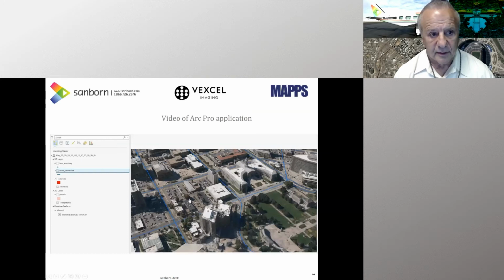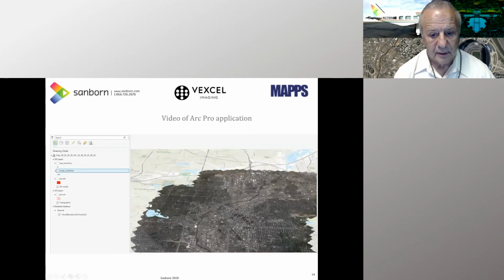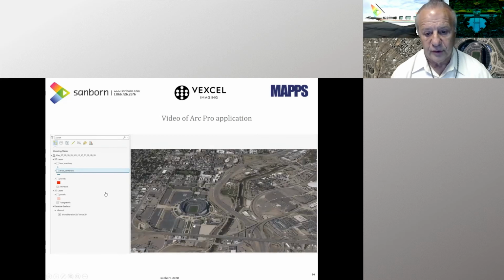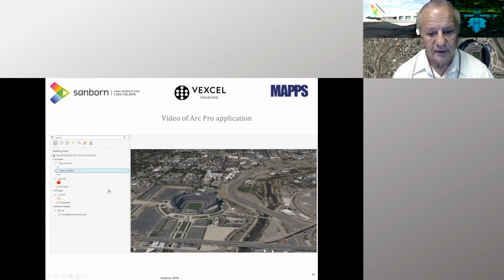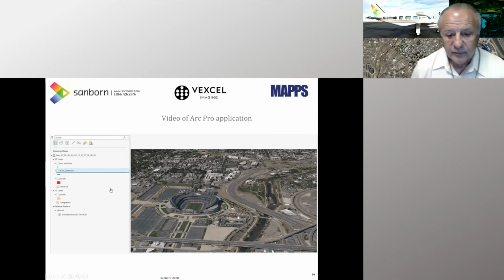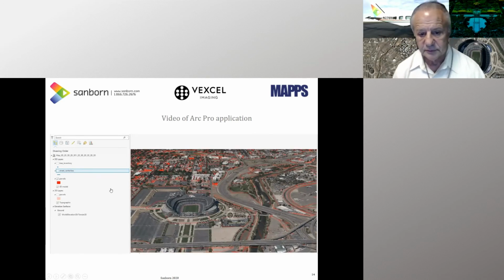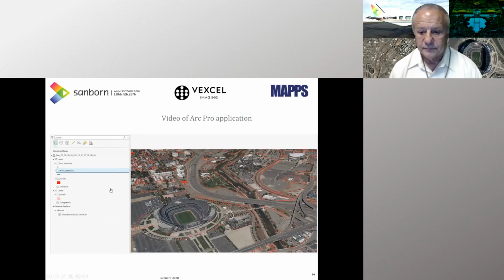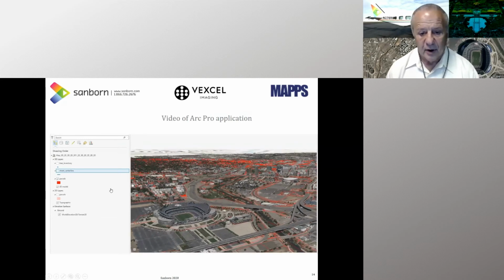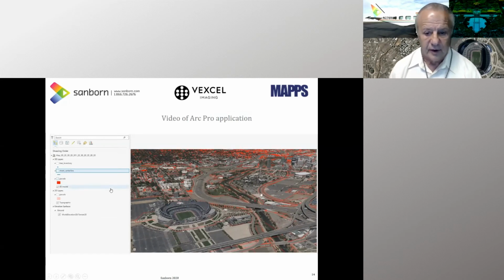And kind of moving through the data so that you can see it as it works in ArcPro now. From a visualization standpoint, we turn on the parcels. And this was data processed from the Osprey.